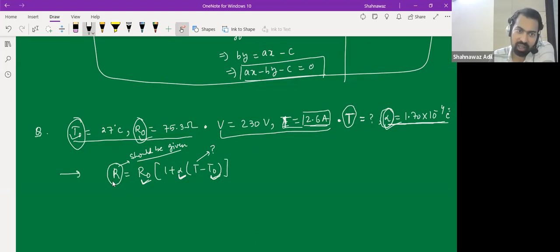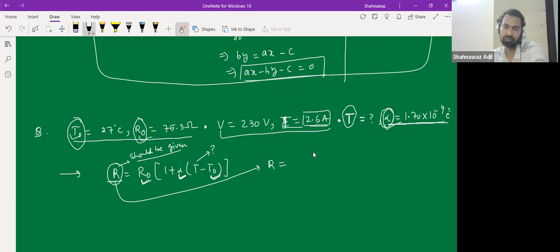But they have not given this R, so how can we calculate this R, guys? Just look at these two.